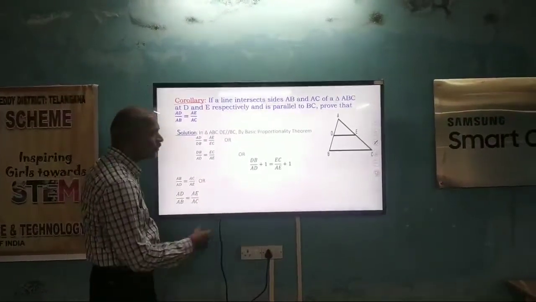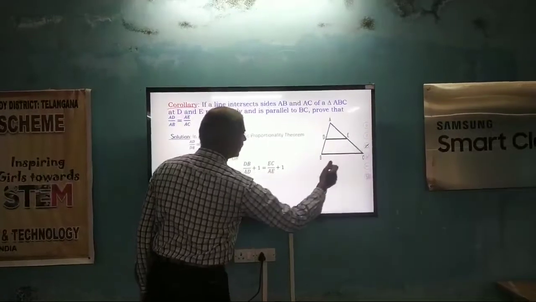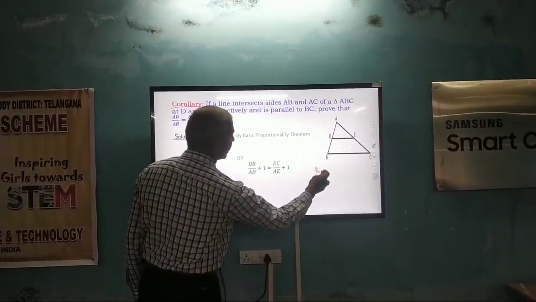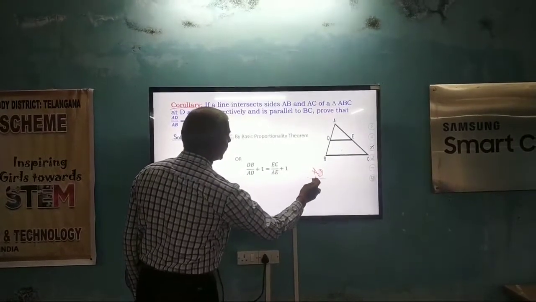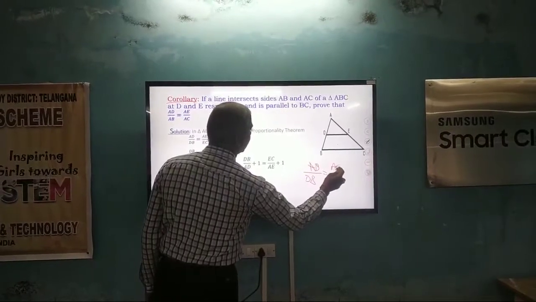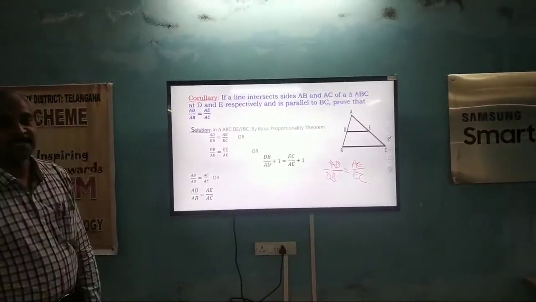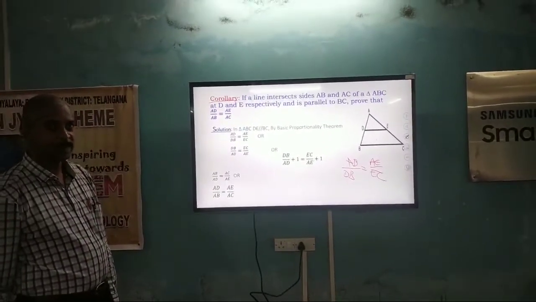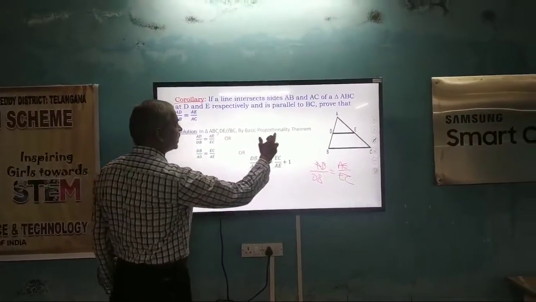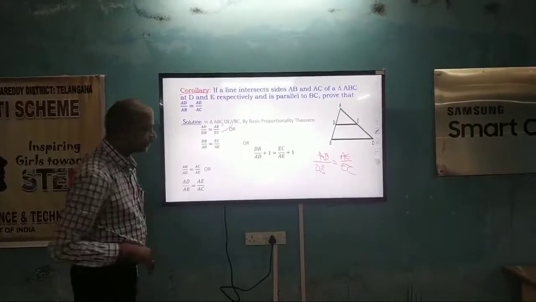What we have proved in the basic proportional theorem: in a triangle ABC, DE is parallel to BC, then by basic proportional theorem AD by DB is equal to AE by EC.